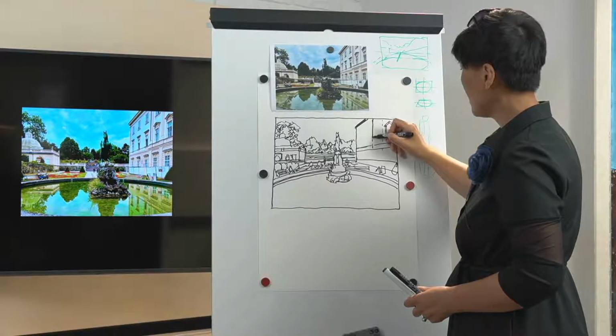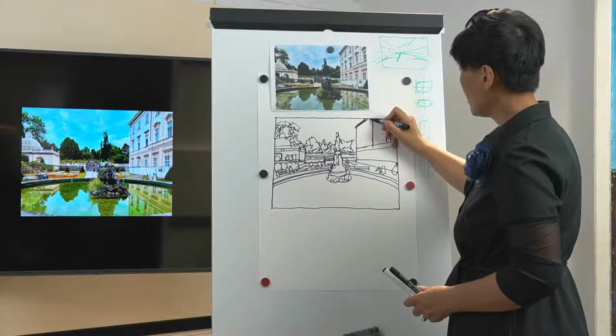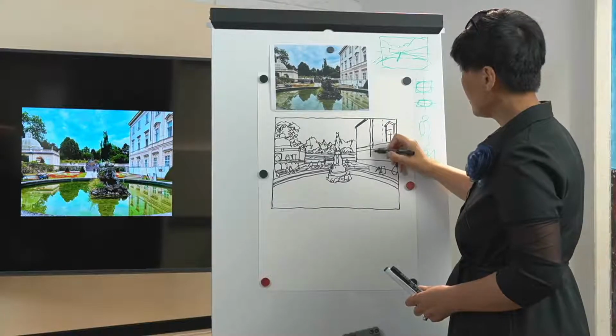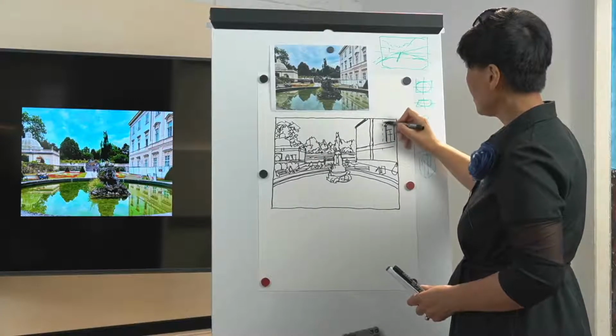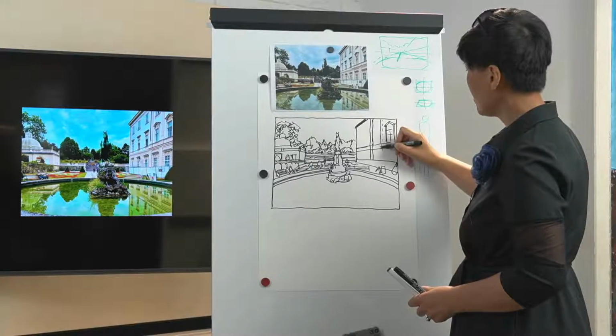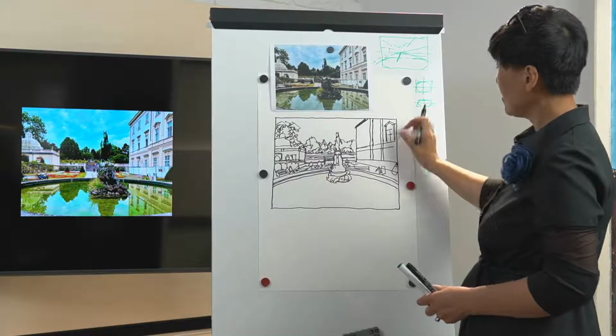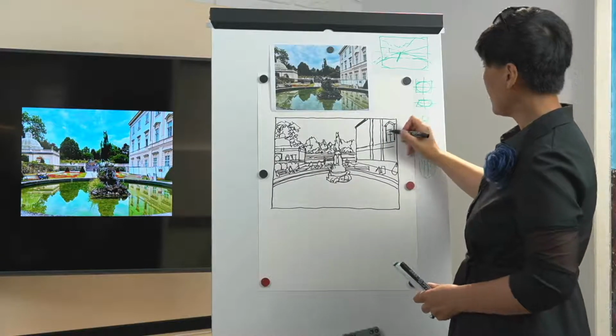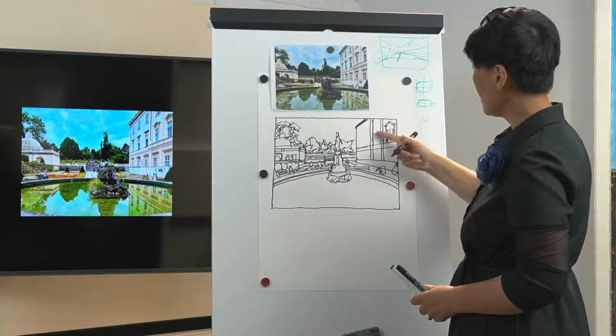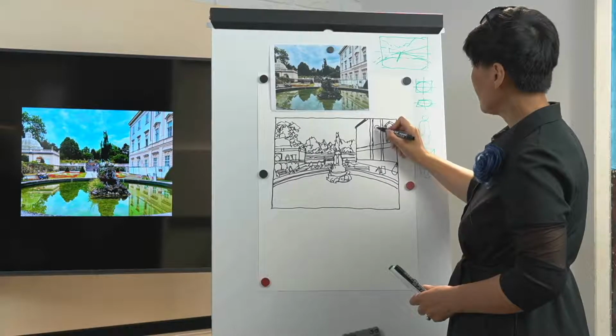So this is the line we are using, and also this is the line we are using. So see, the gap between is not as wide as this. See, this is little. Remember this rule.